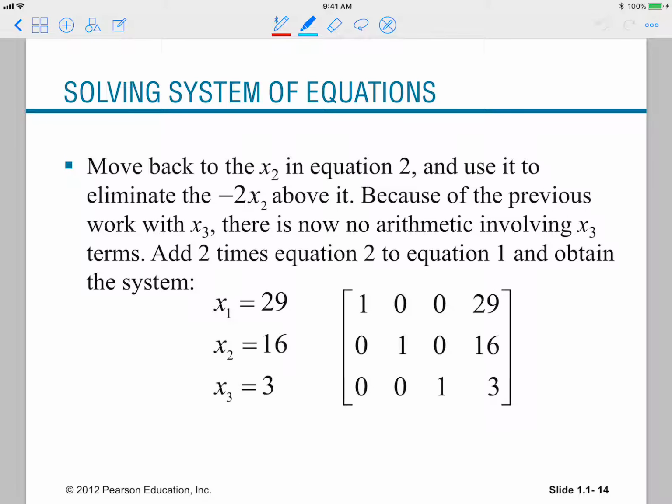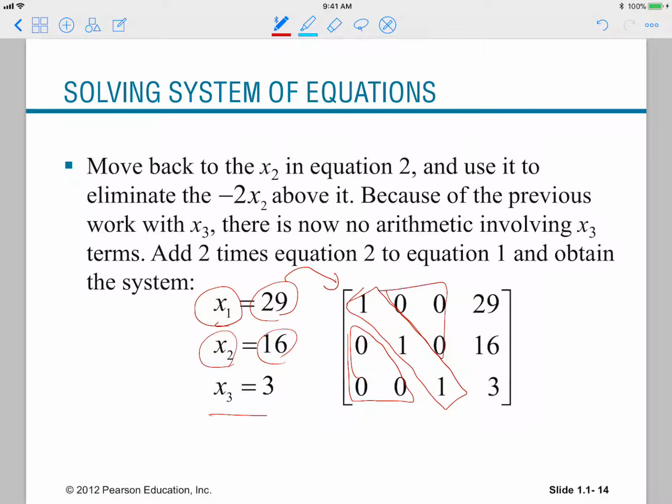Now this is the final equation that we obtain, which is nothing but x1 equals some value, x2 equals some value, and so on. In terms of an augmented matrix, it will have a non-zero value along the diagonal, and no other non-zero values in the other parts.